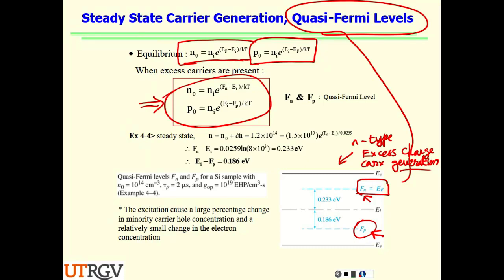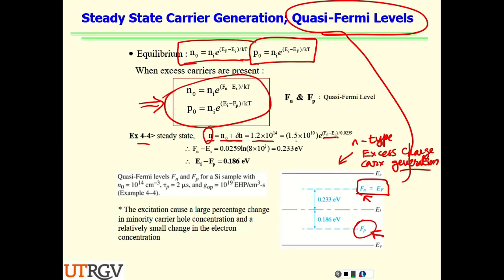So this question is telling us that at steady state, the charge carrier concentration is this much, which is a combination of these two, right? Now this we have to plug in here to find our Fermi level value.